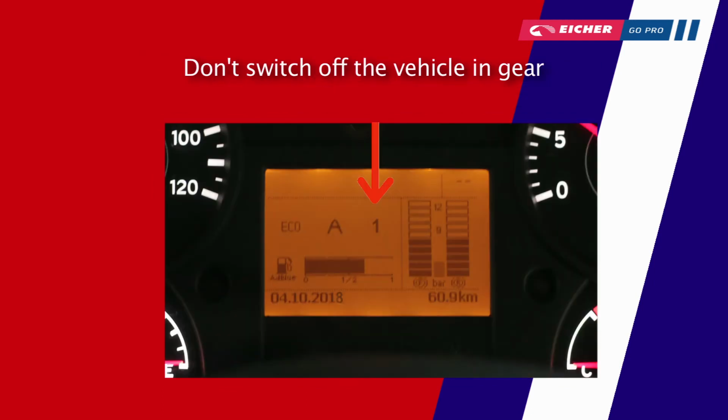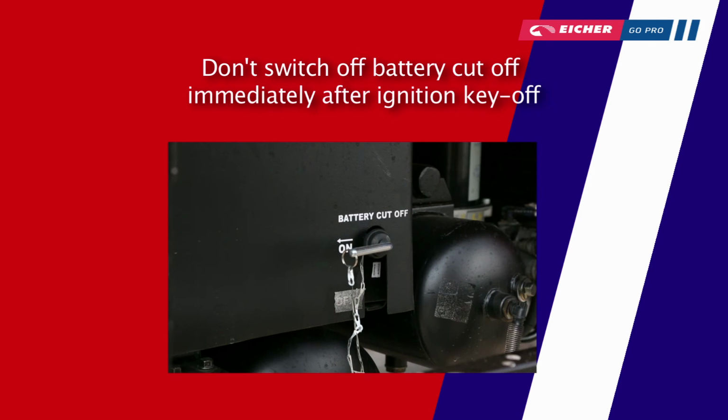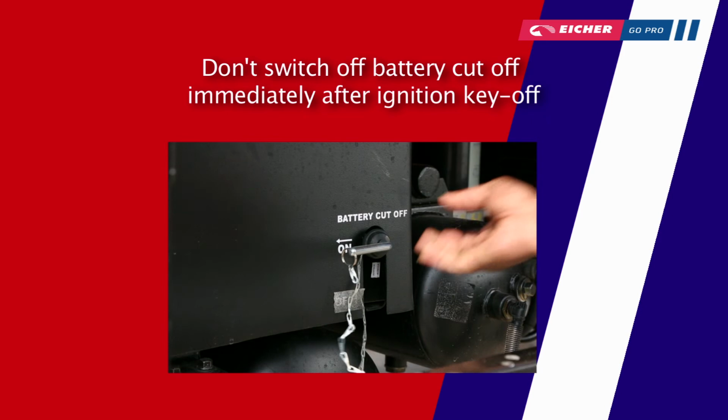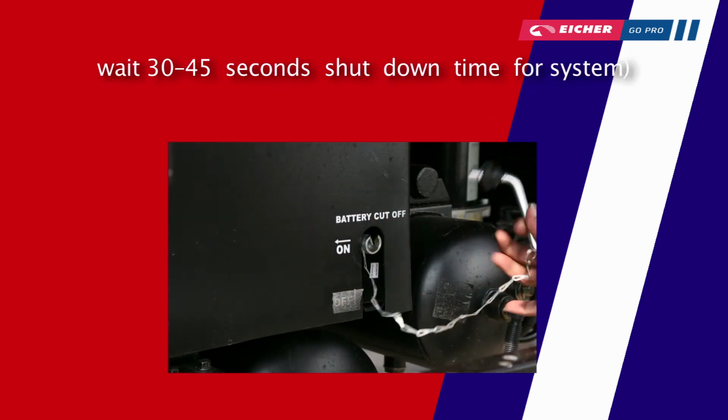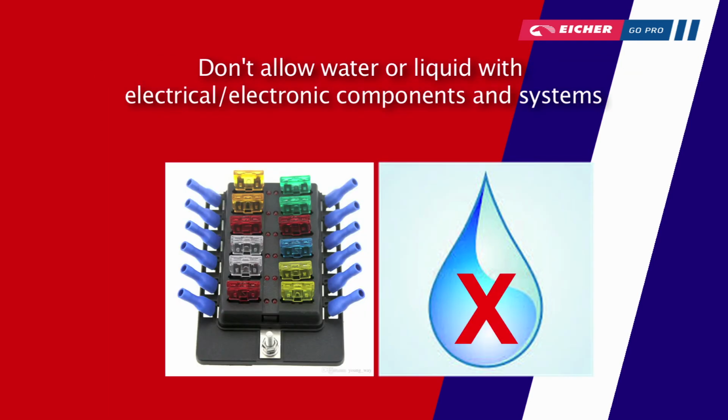Don't switch off the vehicle in gear. Don't switch off the battery cut-off immediately after ignition key off. Wait 30 to 45 seconds shutdown time for the system. Don't allow water or liquid on electrical or electronic components and systems.